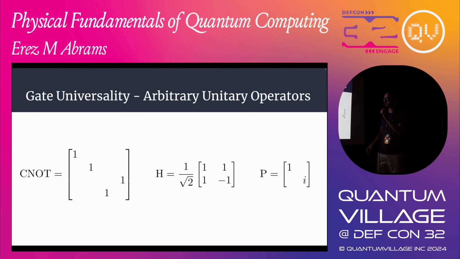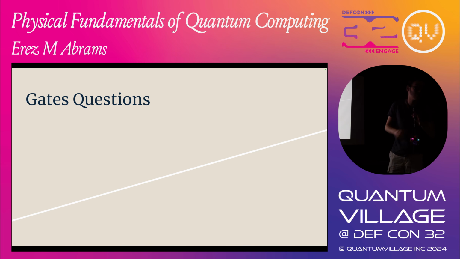And so we can construct any unitary transformation by just applying these 3 gates in fancy orders on our system. And of course, you'll apply it on different qubits, but yeah, universal set of gates. This means that we could, for example, construct that Toffoli gate from before off of these 3. Any questions on that?